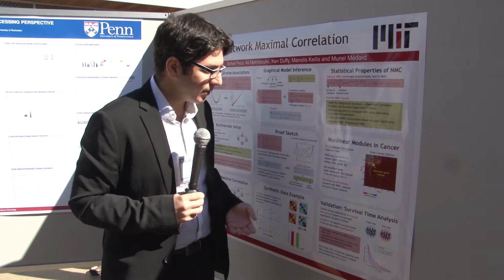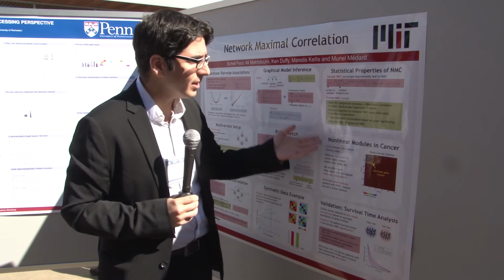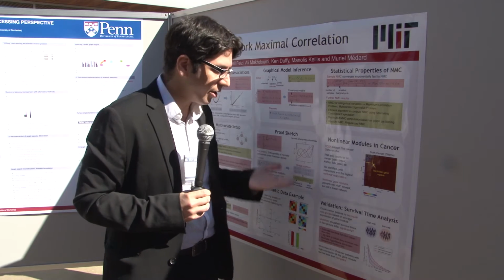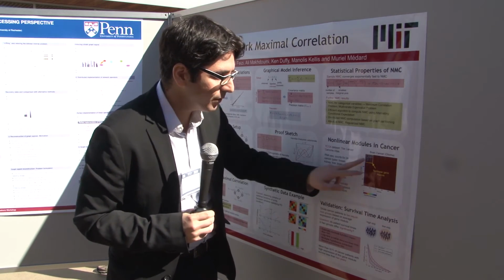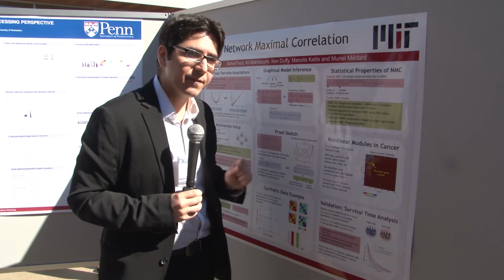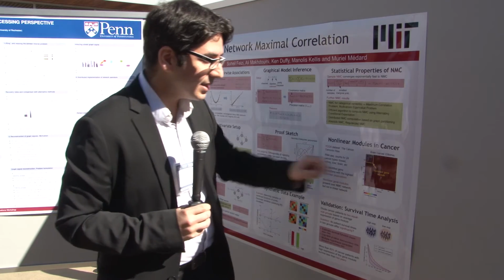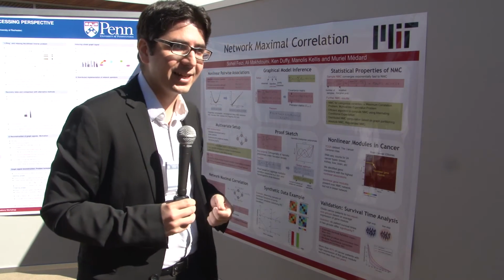So I also want to highlight one of the real data applications that we used. We applied this NMC to a cancer data set. These are the RNA-seq for different genes for different cancers. This is one example of nonlinear dependencies that we identified between genes in this cancer type. These are dependencies that you couldn't observe using linear covariance analysis.